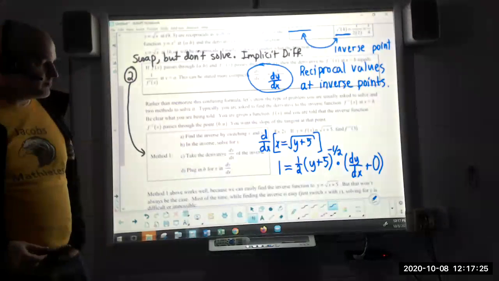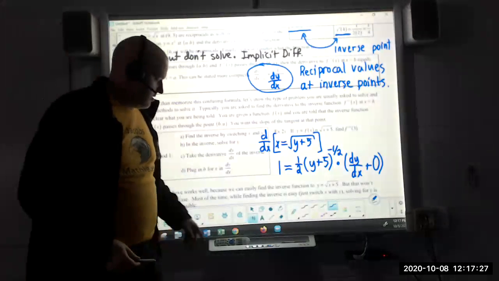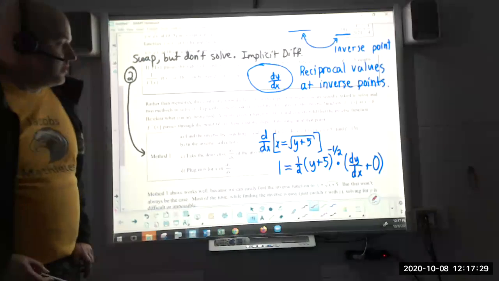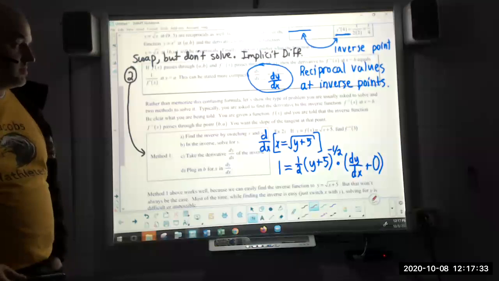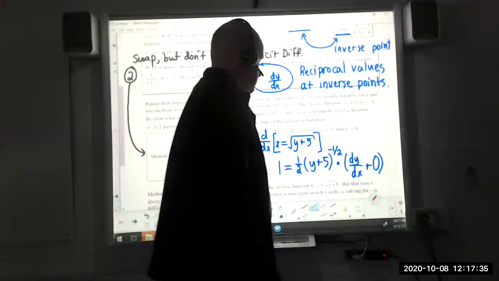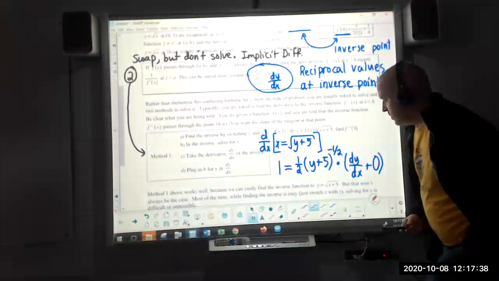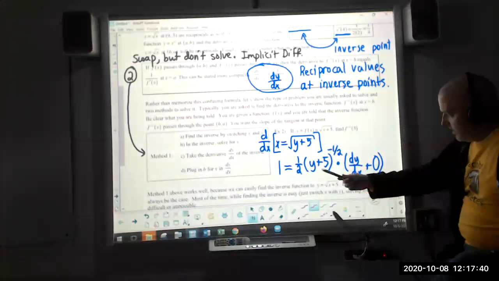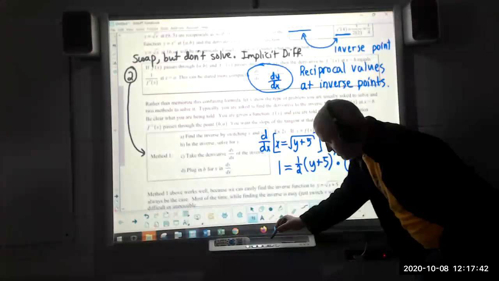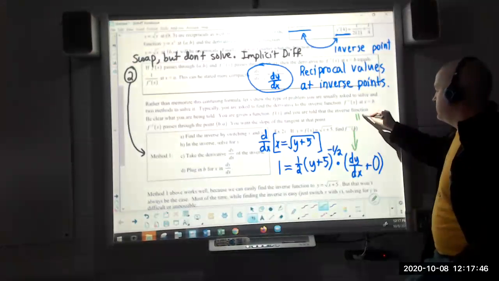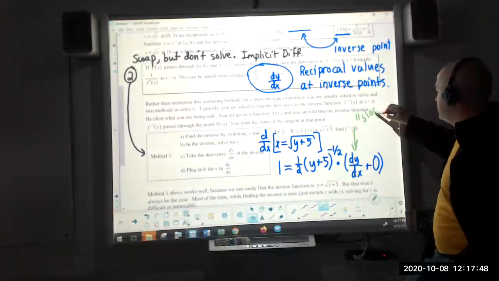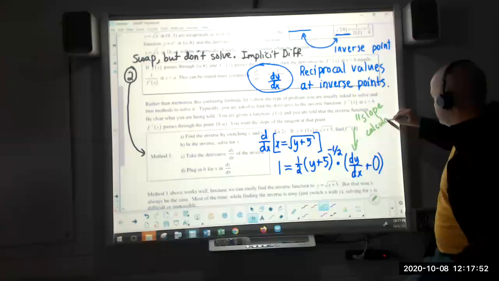So this right here can be used to do exactly what we want. We can take this equation, and this dy dx is a slope calculation.